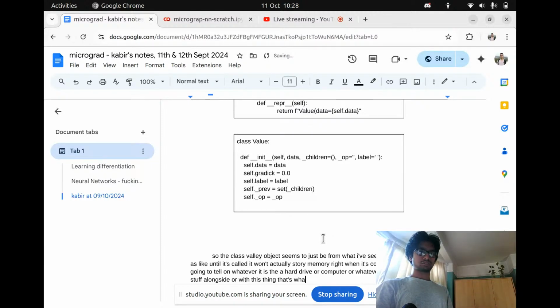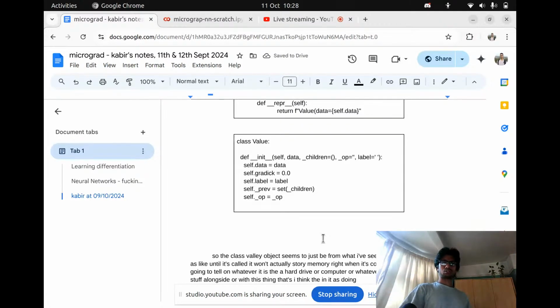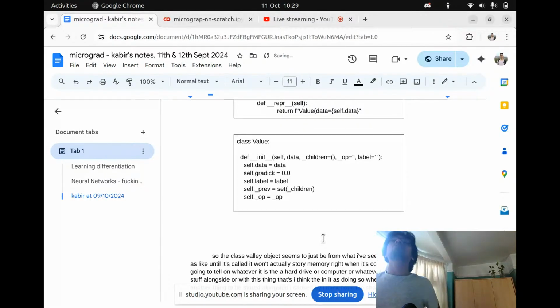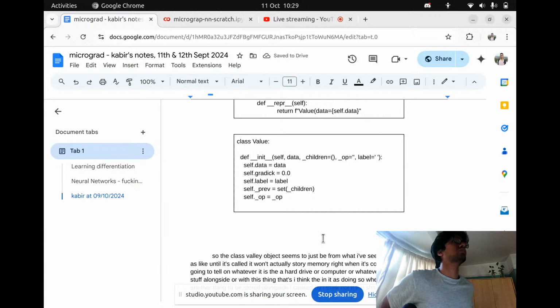That's what I think the init is doing. And so when we see data, that's just another thing to be stored alongside the class value, I think. Not entirely sure. But we don't need to know for sure right now how that works, even though obviously we despise abstractions. So we have that init thing.